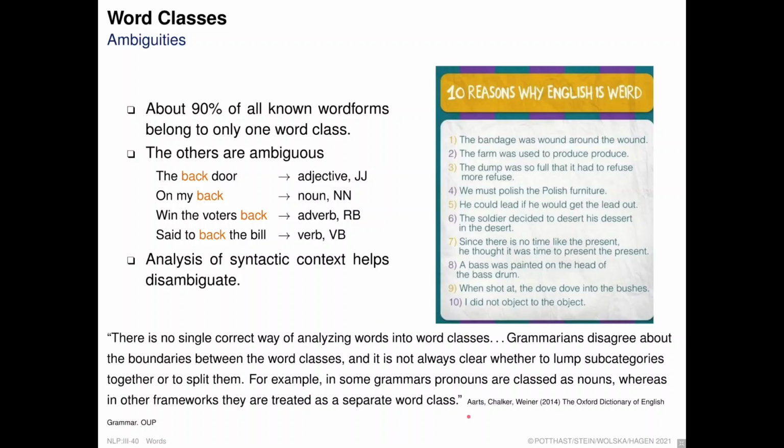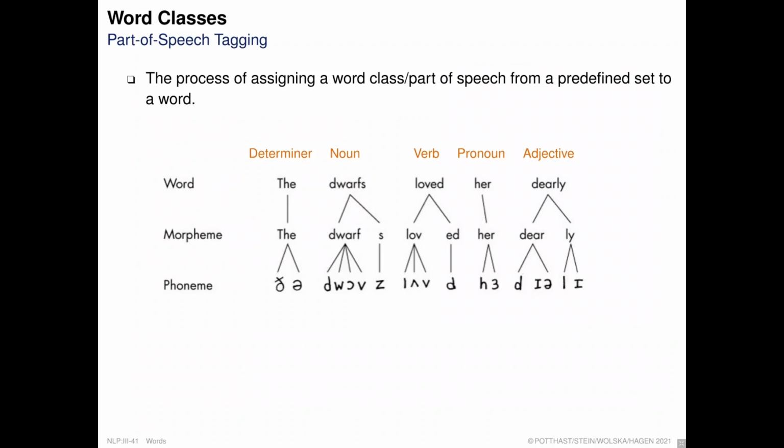There was another note from an Oxford Dictionary of English about word classes that I would like you to read and think about at home, and just think about what you're dealing with, what type of entity, what kind of issues you're dealing with in language when you're doing NLP, and very often you don't think about it, what kind of complex problems there are in the text that you're analyzing, that very often at least is analyzed in NLP in a very shallow fashion. But it's good to be aware of these issues.